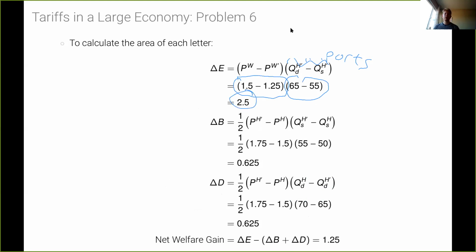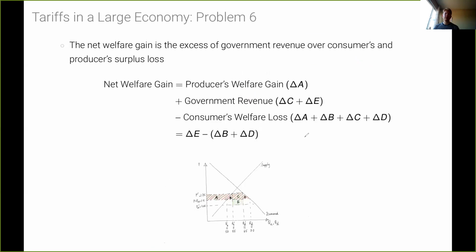Next, we want to calculate the areas of B and D. These are triangles that are deadweight loss. It's basically the amount of consumer surplus that we've lost going from a world price of 1.5 to a new home price of 1.75.